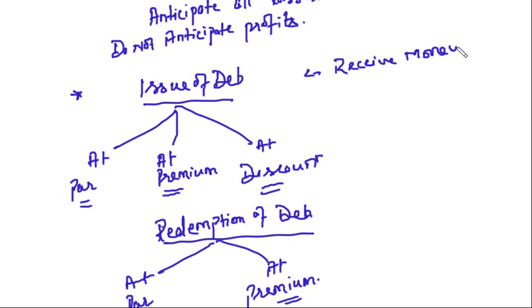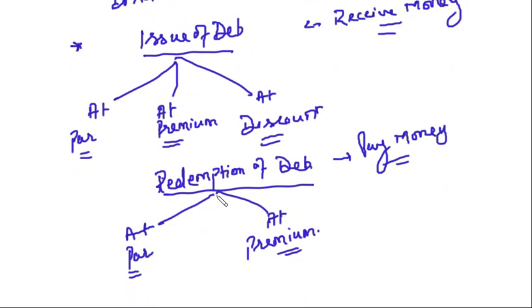Remember these things. So, issue of debentures can be at par, premium, or discount, but redemption of debentures will always be at par or at a premium.